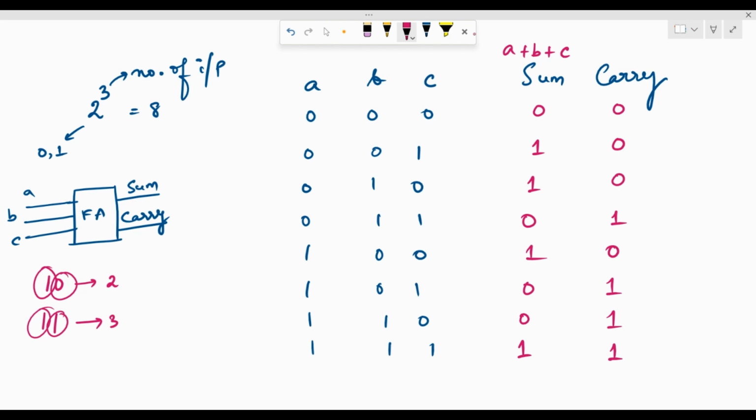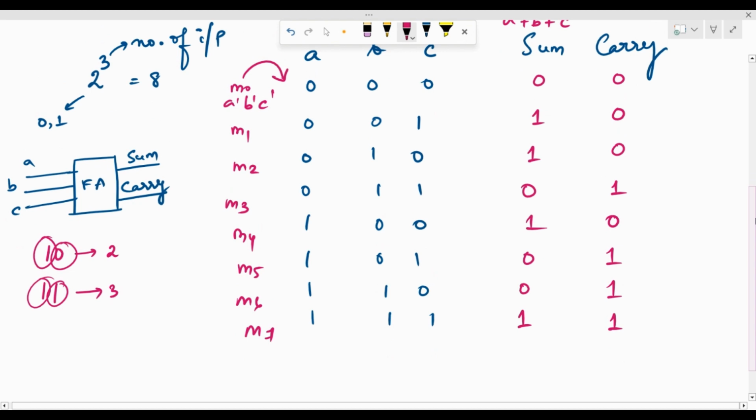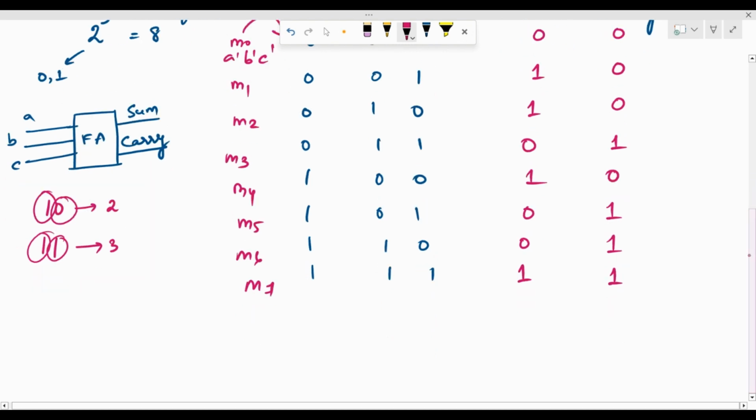Now, I can identify the minterms. If this is M0, M1, M2, M3, M4, M5, M6, and M7, and we know the expressions of each of these minterms, I'll just mention one. M0 is going to be nothing but A dash, B dash, C dash, and so on. So we can write out the expression for the sum and the carry with the help of minterms.